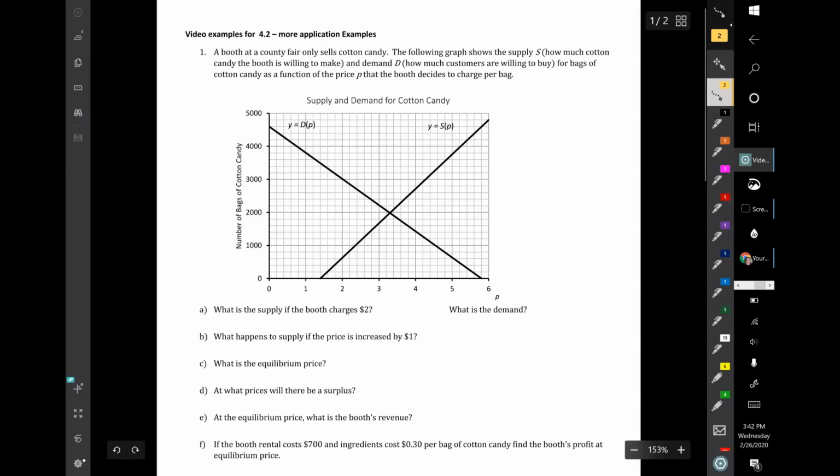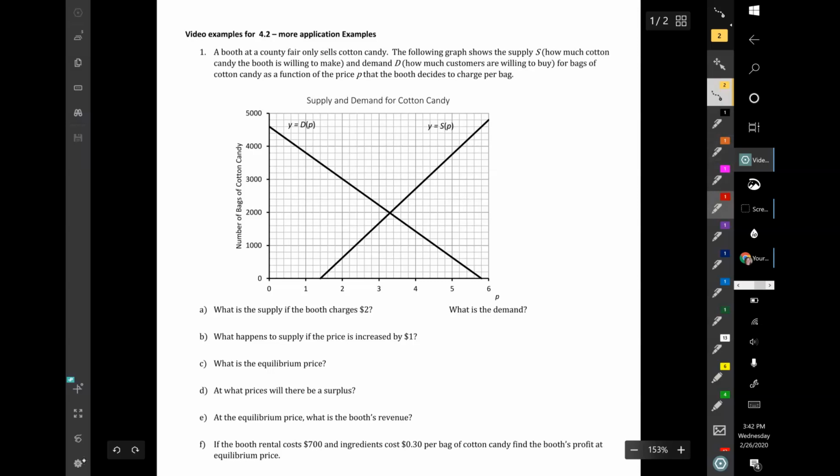If my price is $2, I can look down here at 2 and then travel up to find where it hits. That's for demand, actually, so let's get rid of that one. That will answer the second part. First, we want to look at the supply. Our supply line is right here.